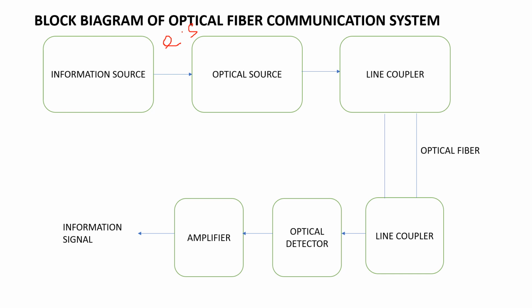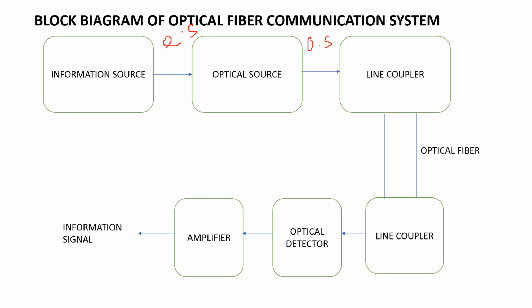In the optical source, we are using an LED or a laser. We use an LED for short distance communication, and a laser diode is used for long distance communication. The purpose of the optical source is to convert this electrical signal to an optical signal, or you can say a light signal.